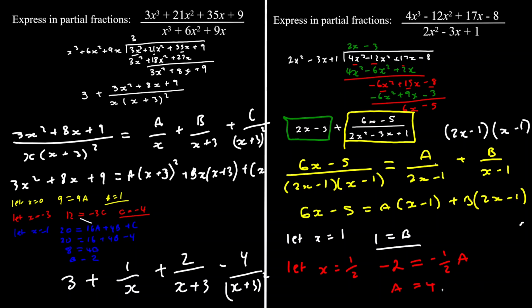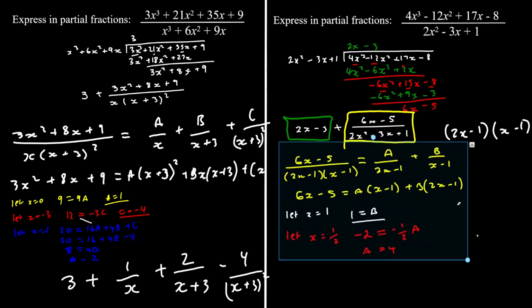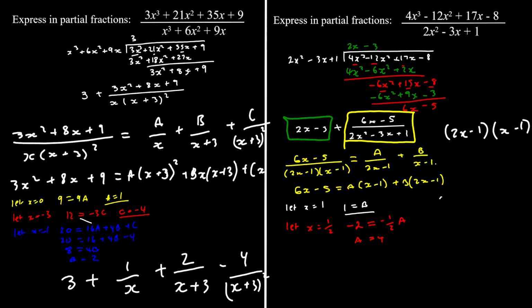So now we know everything we need to. So putting everything together, 2x minus 3 plus 4 over 2x minus 1 plus 1 over x minus 1.